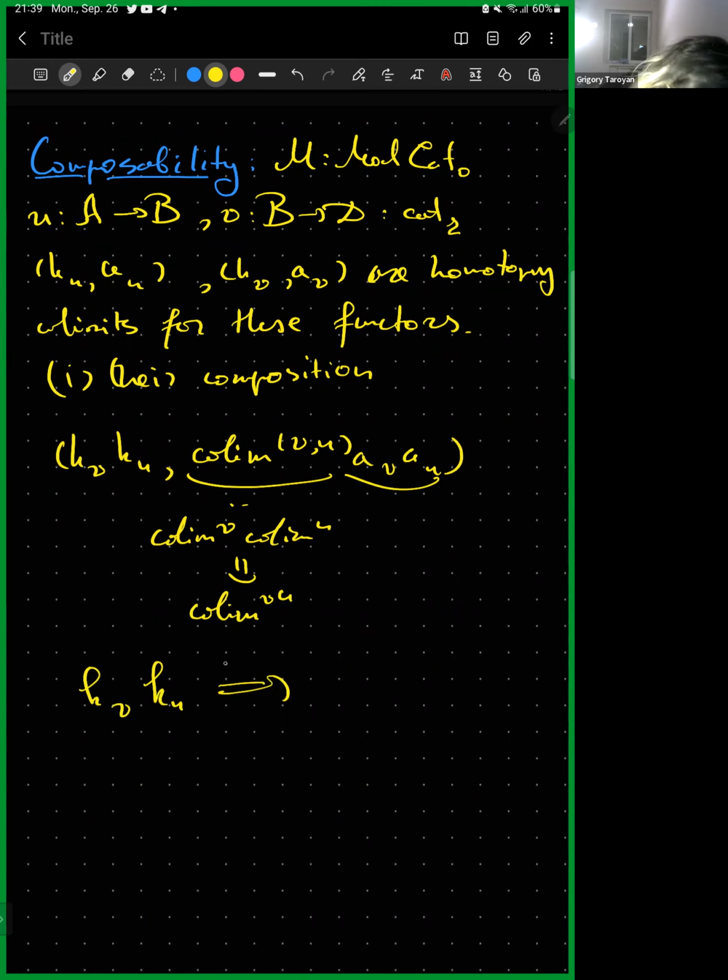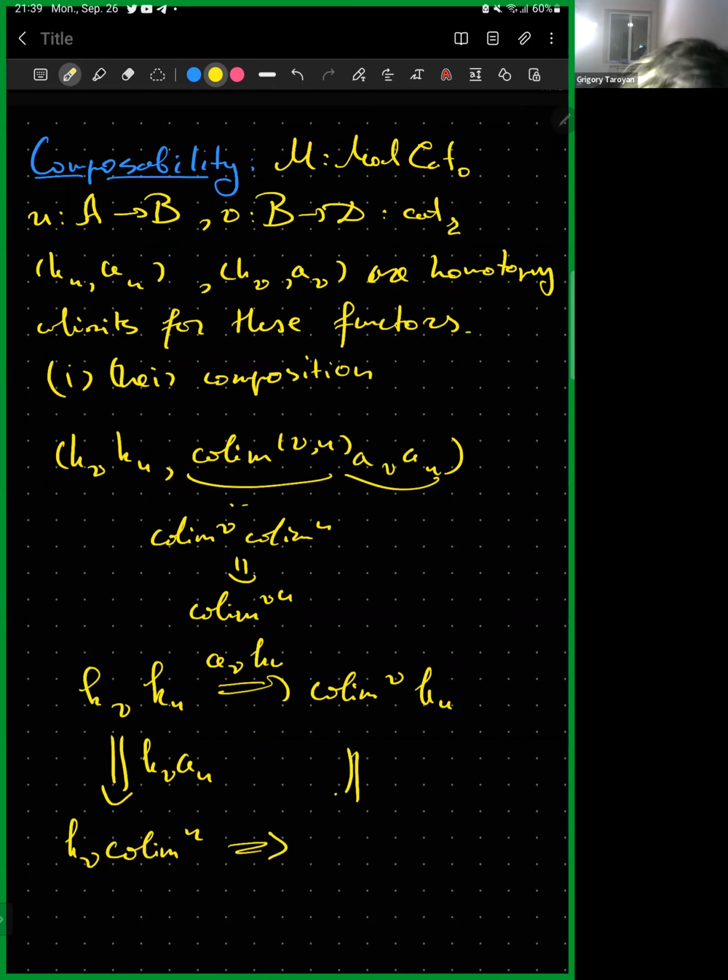So we have AVKU, which goes to this composition of functors. Here we have KVAU, which goes from KVKU to KVU colimit.